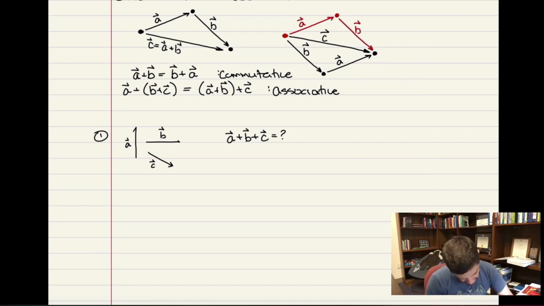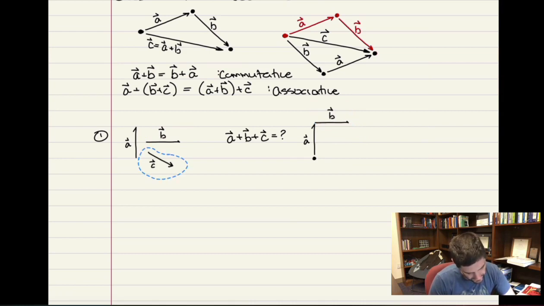Now again, if I'm starting right here at this point, what this is telling me is I first walk in the direction of A. So I'll copy and paste that vector. Once I get to the endpoint of A, I walk in the direction of B, again putting the tip of one arrow at the endpoint of the other arrow.